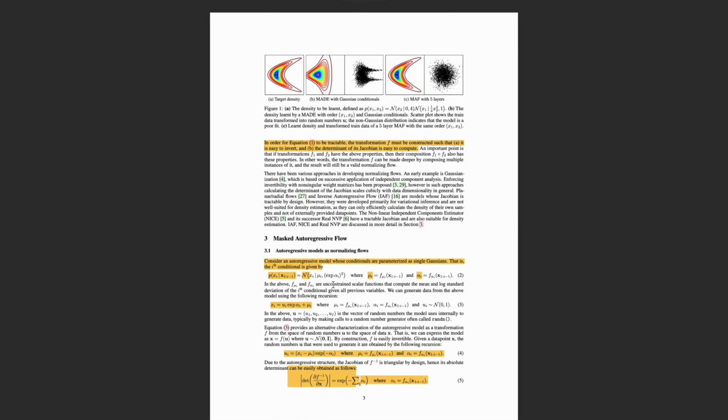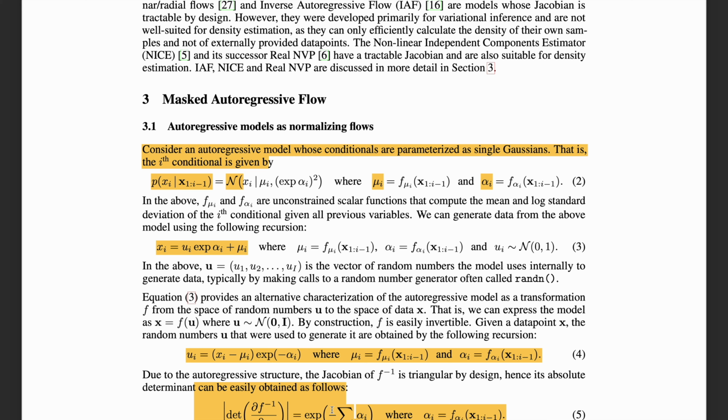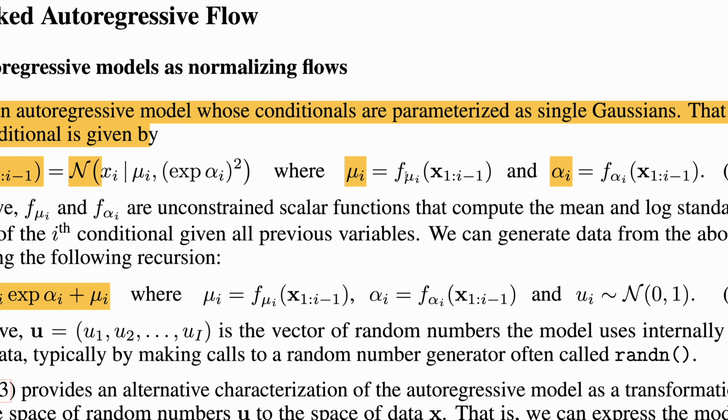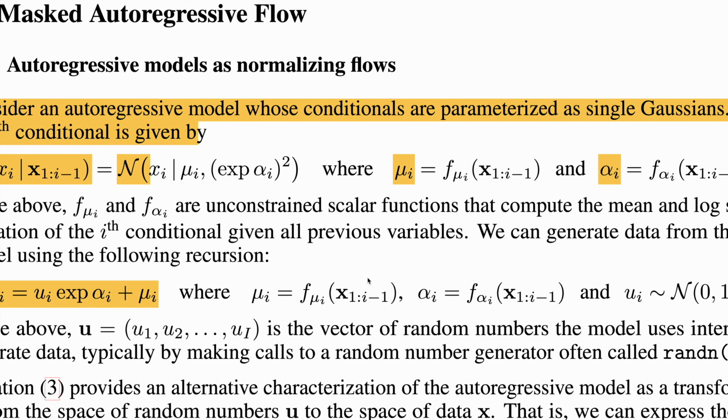So by design, there are no constraints, because your Jacobian is lower triangular and very easy to compute. That means that both functions f are neural networks, and they can be any neural network. There is absolutely no constraint on them. For example, they can be very complex, they can be transformers with a lot of blocks.